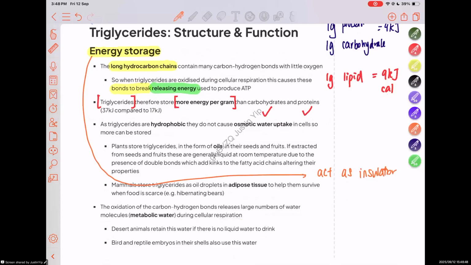And a special thing is that oxidation of your carbon hydrogen bonds releases a large amount of water. We call this metabolic water.